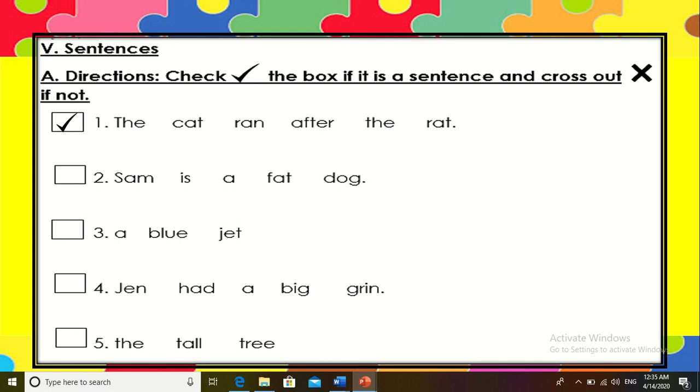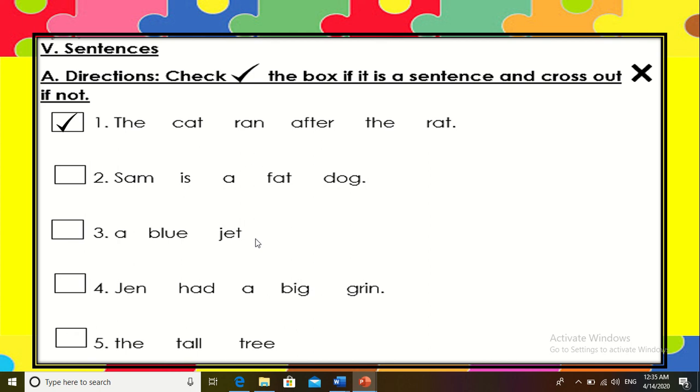Okay, numbers 2 to 5. I think you can do this alone, right, KGs? Very easy. So number 2, Sam is a fat dog. It starts with a capital letter and ends with a period. Are you going to check or put a cross? Next, number 3, a blue jet. Notice letter A in here is small or lowercase and there is no period at the back.